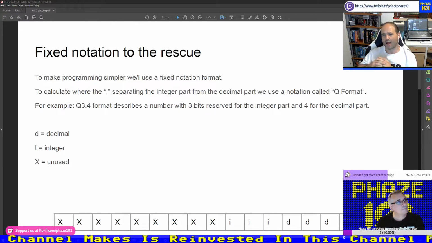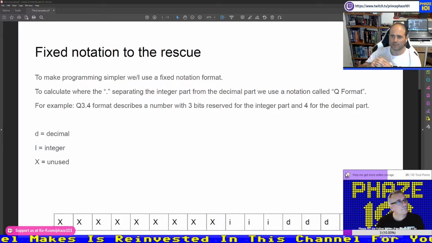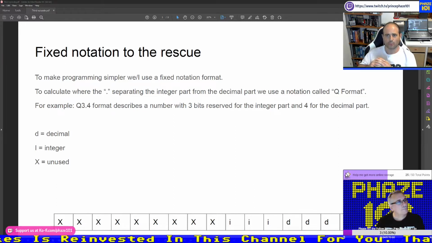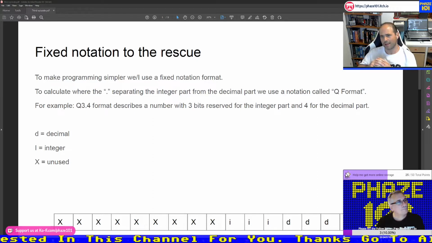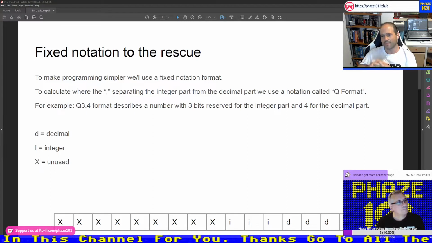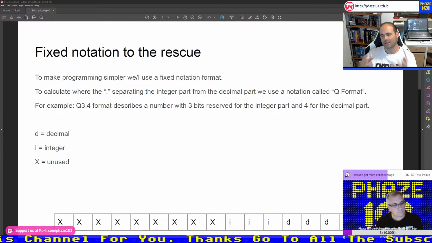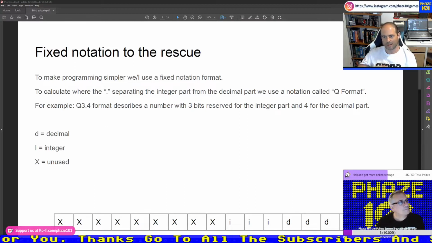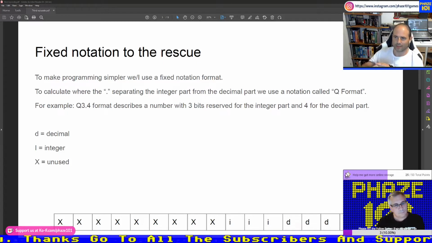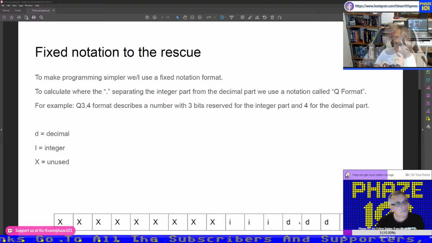There is also a specific instruction inside the Motorola called ext.w or ext.l, and what it does is it extends, so it fills all the bits to represent your number, and it's very useful. I use it all the time.